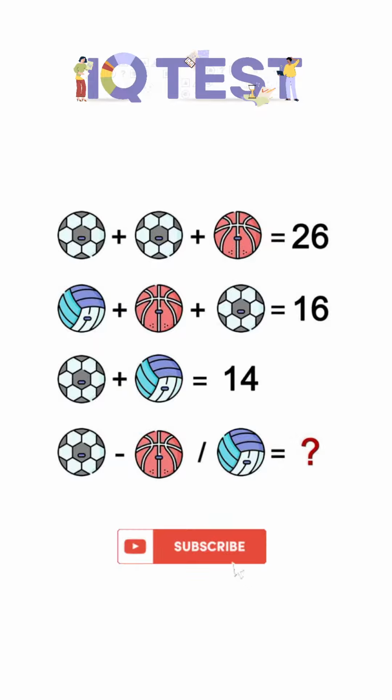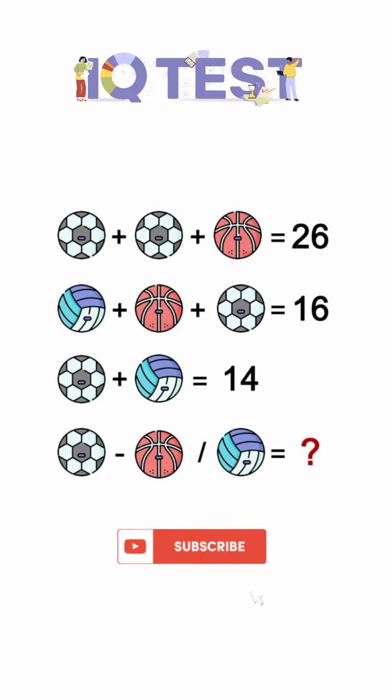So what I'm doing is making z the subject in equation 2. So z will give me 16 minus y minus x.